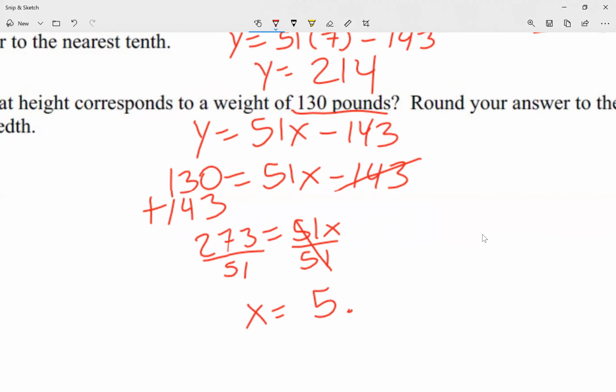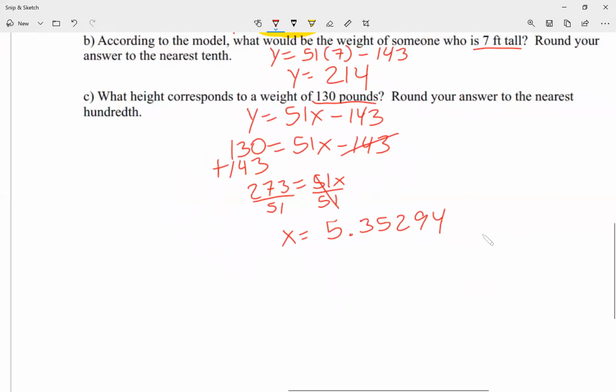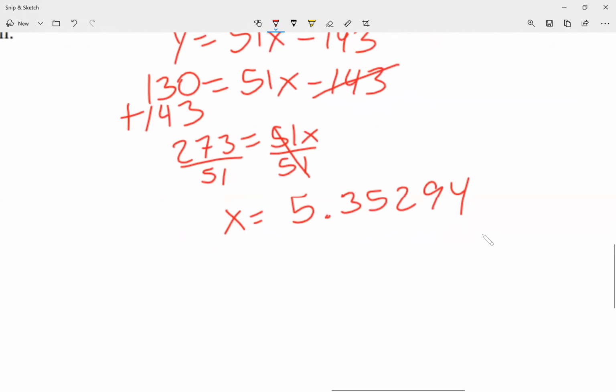I get 5.35294 and some more numbers. All right. Here in the instructions, it says round your answer to the nearest hundredth. Hundredth means 2 decimal places. However, I do take a look at the third decimal number. If the third decimal number is big enough, it will push the previous number up.